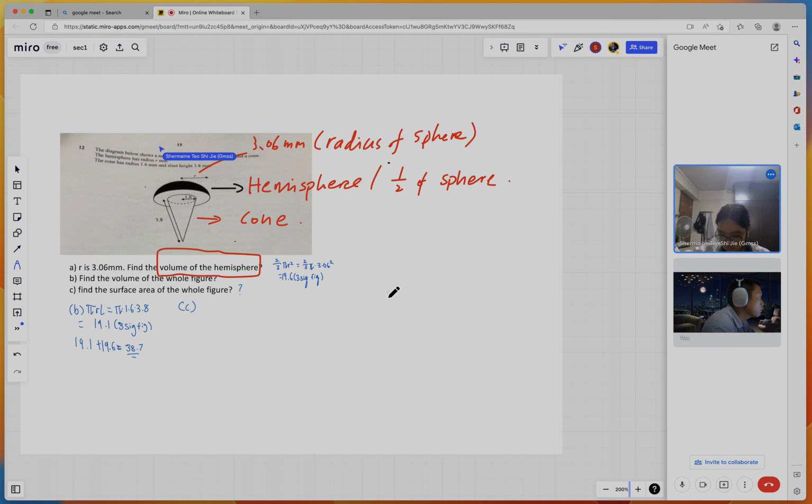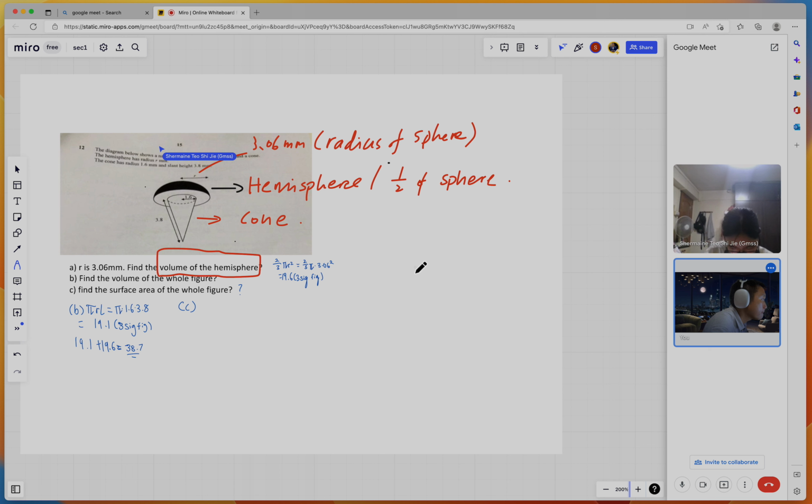Come on, what takes you so long? Two over 3. I'm talking about volume of hemisphere.